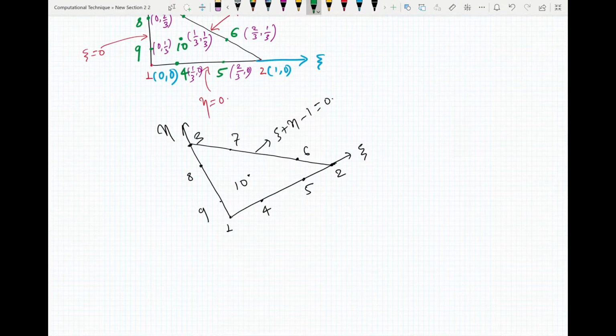Now if you plot your n1, it should be 1 here, and then it should be 0 at these nodes. You can see here that now it is kind of like a cubic curve, and here also it will be like this, and here it should be 0.